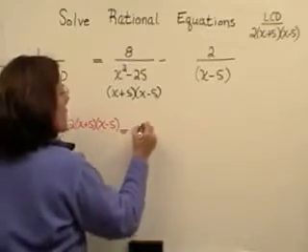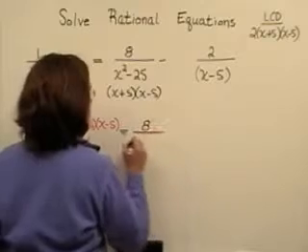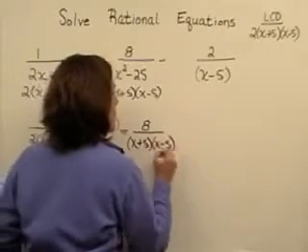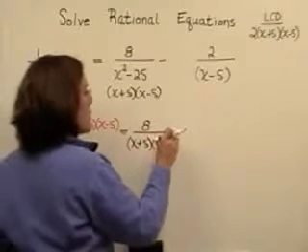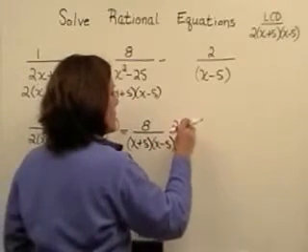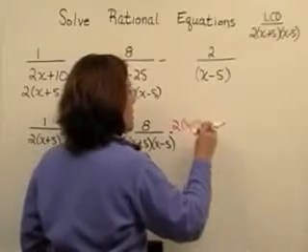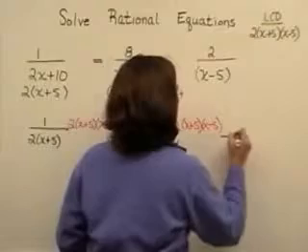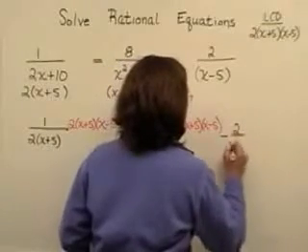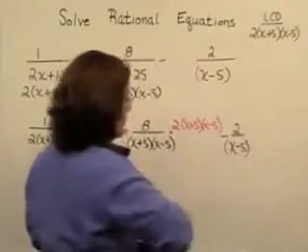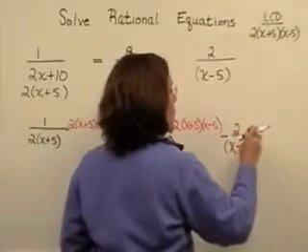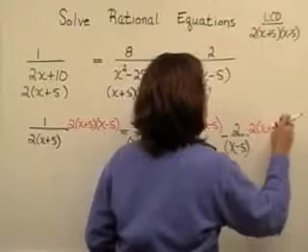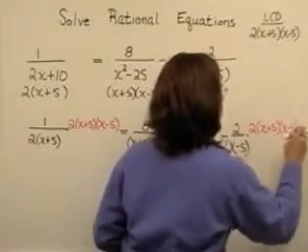Then I have the equal sign, and the 8 over the x plus 5 times the x minus 5 also needs to be multiplied by 2 times x plus 5 times x minus 5. And finally, this minus 2 over x minus 5 needs to be multiplied as well by 2 times x plus 5 times x minus 5.